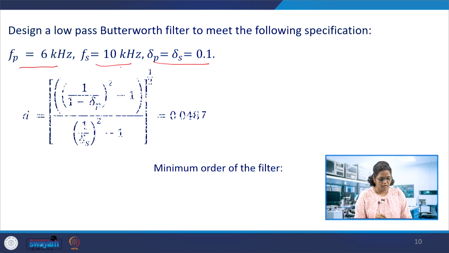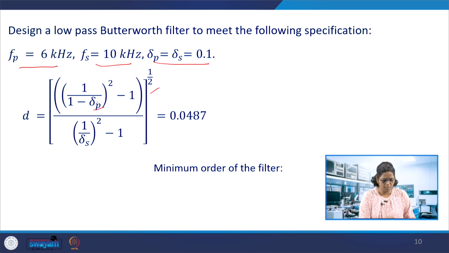First find the discrimination factor D. The expression looks a little complicated, but it is not so: D equals 1 by the square root of (1 by (1 minus del P) whole square minus 1) divided by (1 by del S whole square minus 1). Here del P is the pass band ripple, del S is the stop band ripple.